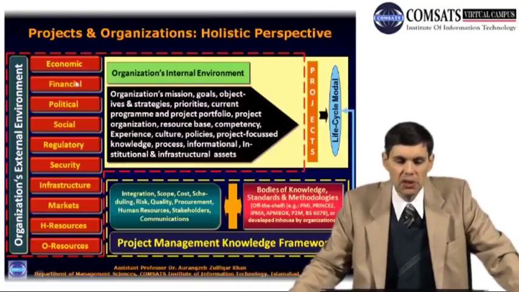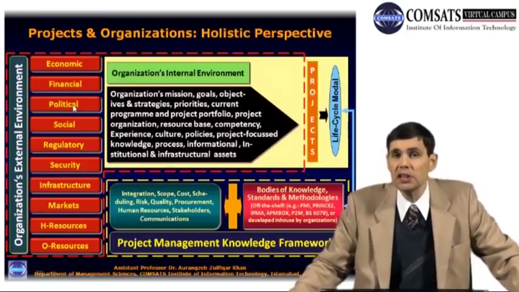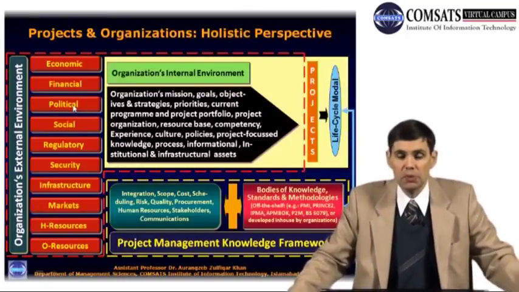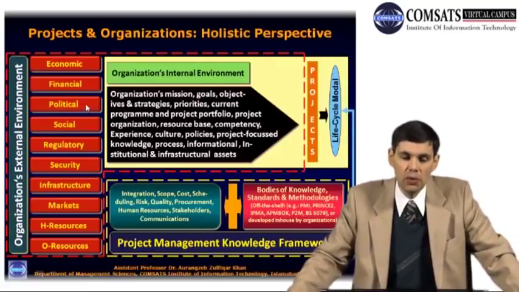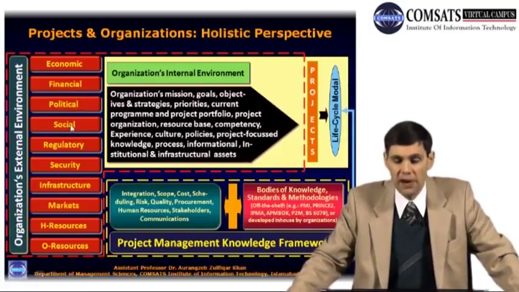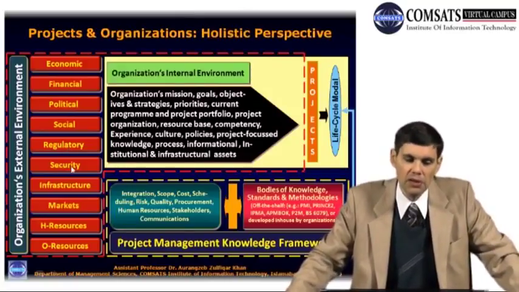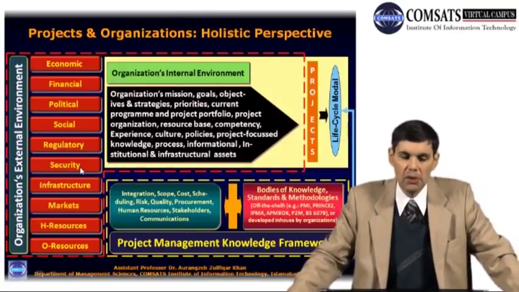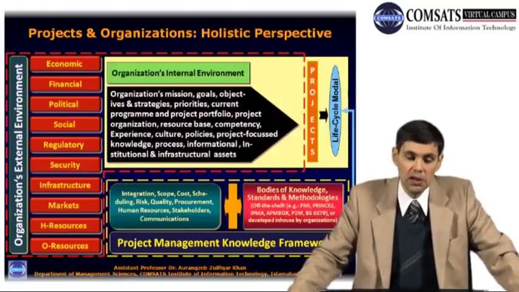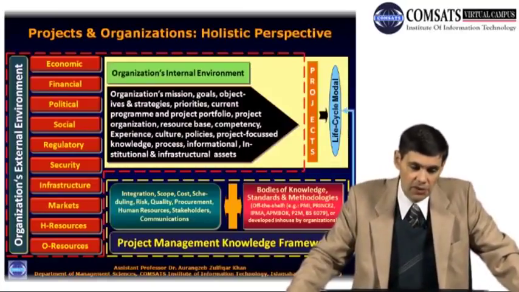And here, if you look at it, you can see again, they're all different types of stakeholders. For example, the political environment. Well, it should be obvious what kind of stakeholders are there, or the social environment, or the legal, or the regulatory environment, or the security environment. Think about very hostile stakeholders who are very much against your projects or programs in certain parts of Pakistan these last few years.